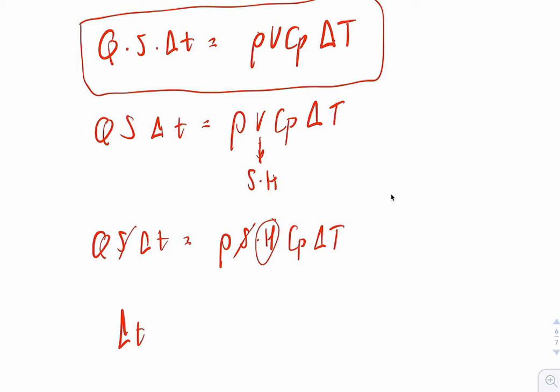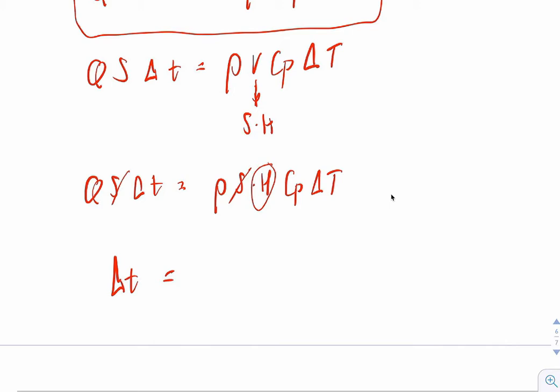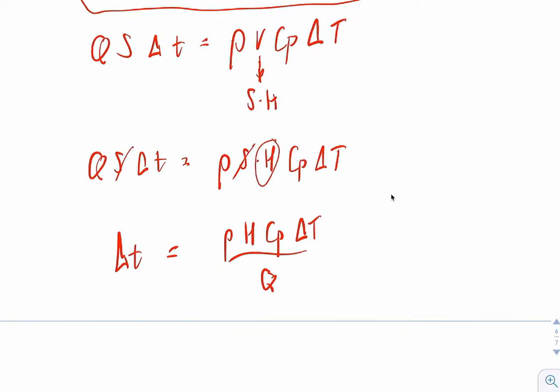And so we can see that H is important, and if we look at the time scale here, to change the water by a certain temperature delta T, I have little delta t equals rho H Cp delta T divided by Q. And so we can see in these variables that if the density goes up, or Cp goes up, basically my ability to store heat in a given volume, or the energy required to change the temperature by 1 degree Kelvin, is going to increase because I have more mass in a given volume.